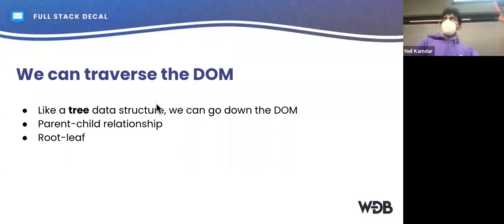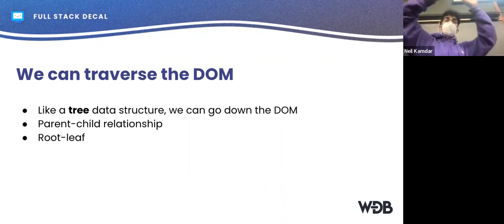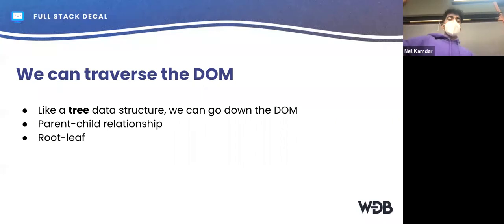So we're going to look into this a little bit more. We can actually traverse the DOM, and it's in the form of a tree data structure. A tree data structure, for those of you who might not be familiar, consists of a root, which is the starting point, and then it goes down into these little branches. It branches out like a fan, and then it ends up at leaves.